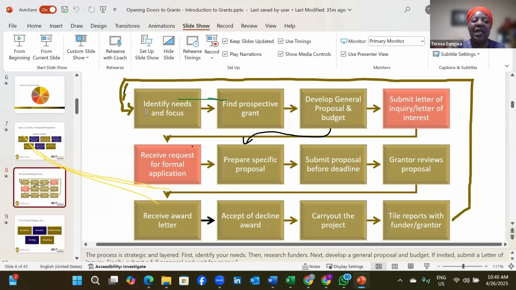So make sure that you are reading line by line of that whole advertisement of that grant, to make sure you understand it before you start writing your proposal, so that you are specific when you are responding to the proposal. And then you submit the proposal before the deadline.